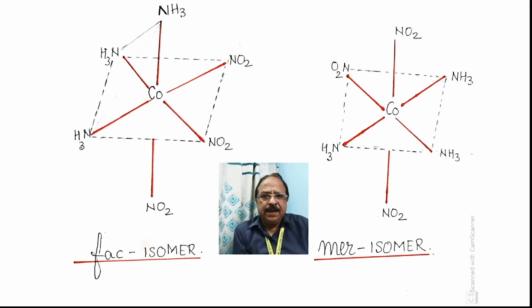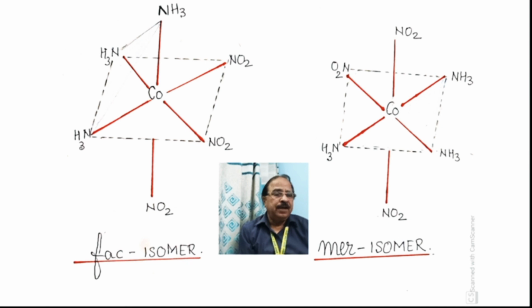On the left hand side, I have represented the facial isomer, that is the fac isomer. Look, there are 3 ammonia molecules occupying the 3 corners of a face, while all other ligands are present in the other positions. So this is the facial isomer or fac isomer.